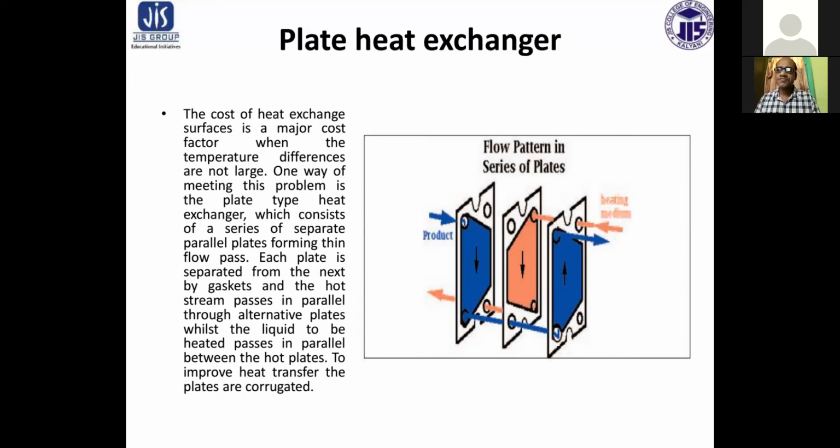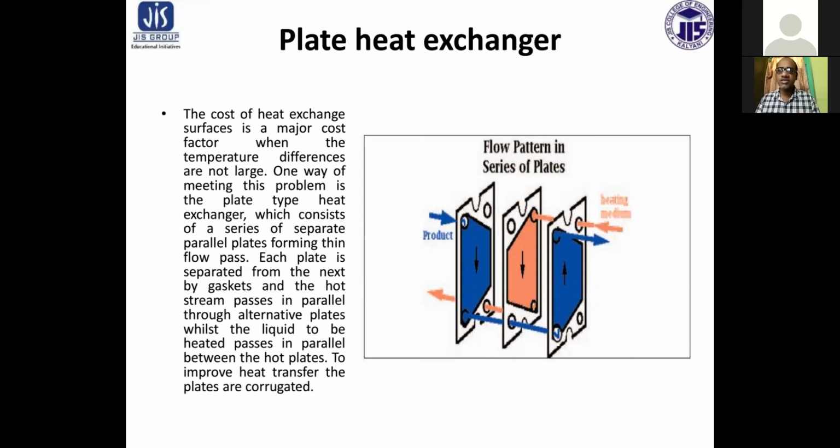So the hot fluid passes through one set of gaps between the plates, while the liquid to be heated passes through the next gaps in between.